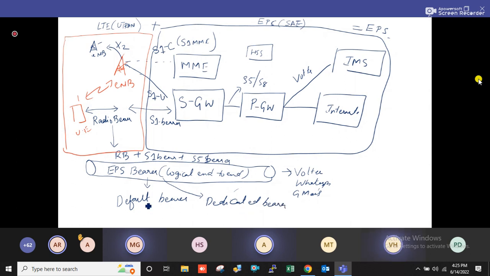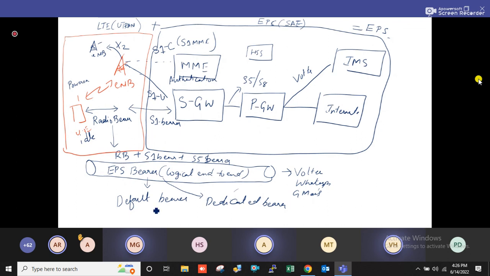Okay. Now why have we made two different bearers? That is because the moment the mobile is switched on, which we call the power on process, the UE has to register with the network. So for that, we need to do some sort of data transaction. That means there is something called authentication, which we do with MME. Okay. And then we need to come to a stage called idle mode. So for this sort of data transaction, we don't require any guaranteed bitrate across the network.